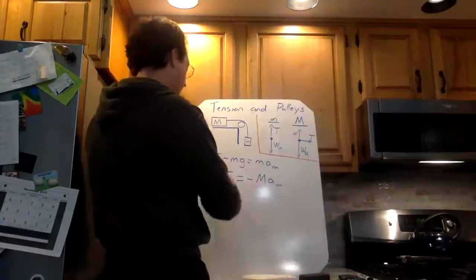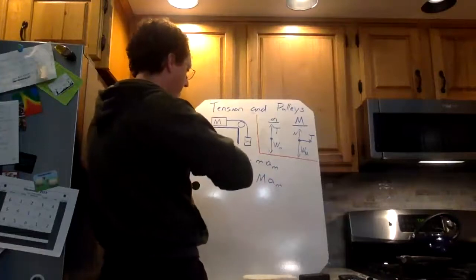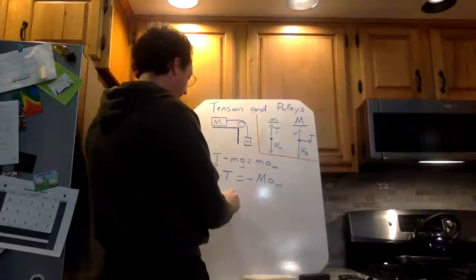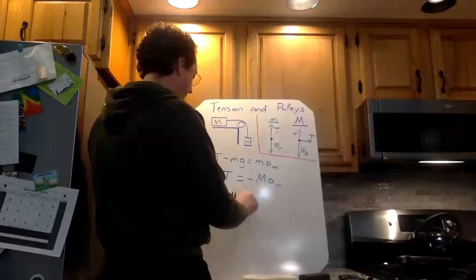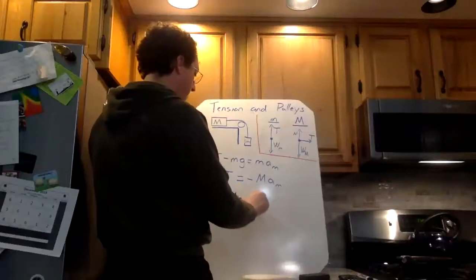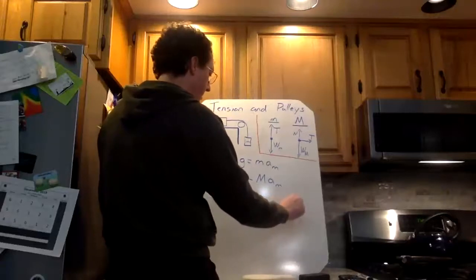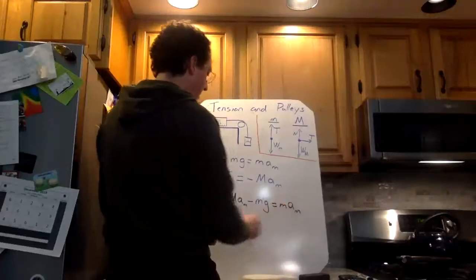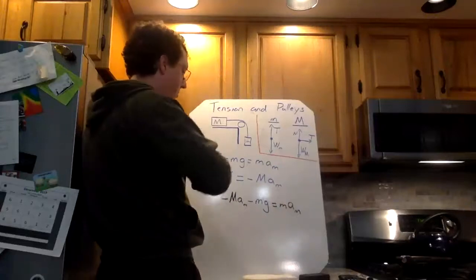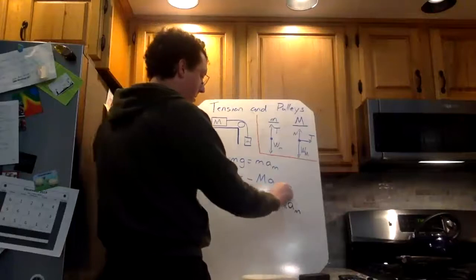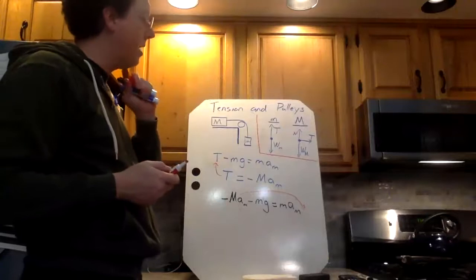So when we do that, I substitute in, and I get minus big M times A little m minus little m times G equals little m times A sub m. And then the strategy is to move this over the equal sign, which makes it positive.